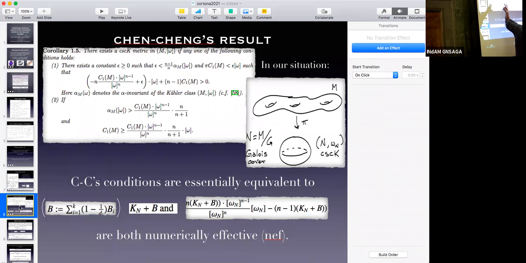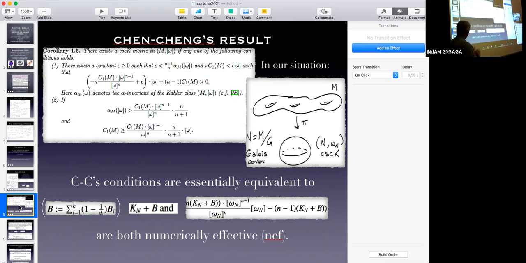Then they give, under a few assumptions, where alpha of n is the famous log canonical threshold of the manifold and so on, numerological assumptions, and this is the main assumption here: a condition relating the first class of the manifold and the Kähler class that you are looking at, and they want the positivity of this linear combination. Then again, they prove the existence of the constant curvature metric.